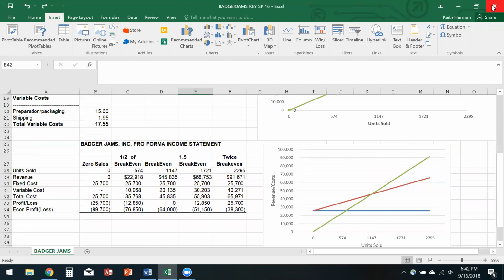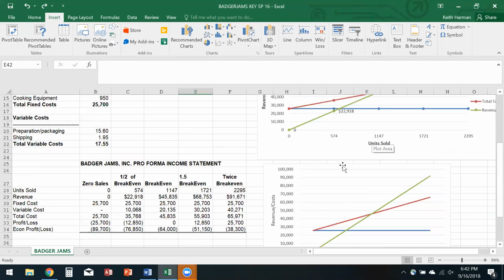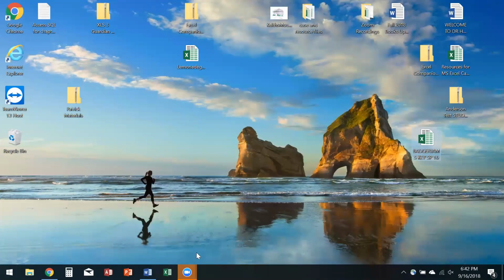So again, we've covered some ground here, and we've seen how we can use this. Now, I'm going to close this off for a moment, and I'm not going to save any changes because it's fine as it is.